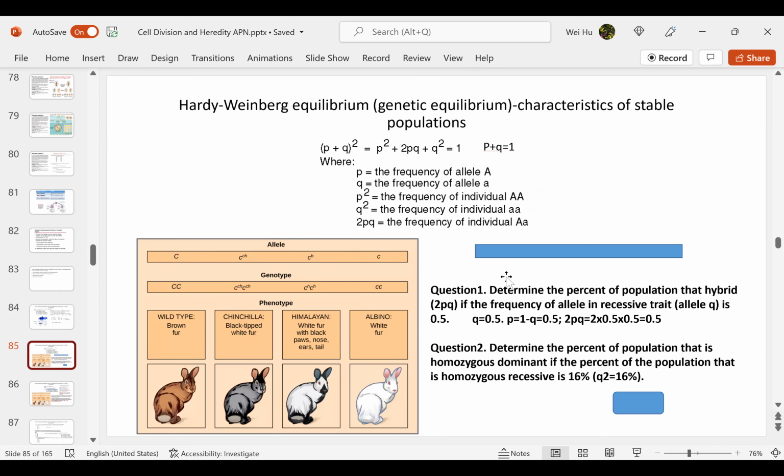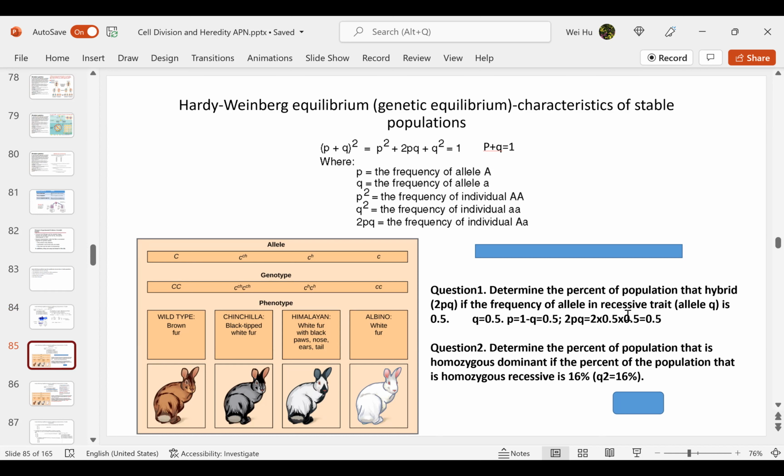Okay, so now let's do calculation. Let's start with this one. Question 1. Determine the percentage of the population. We talk about the population, your body cells, that are hybrid. It means they are a mixture, they're 2PQ, okay? So they ask you to determine a percentage, again, a ratio.